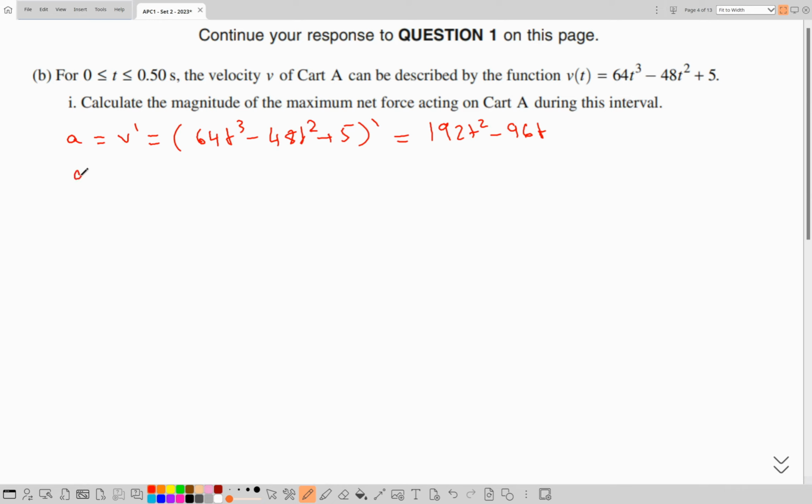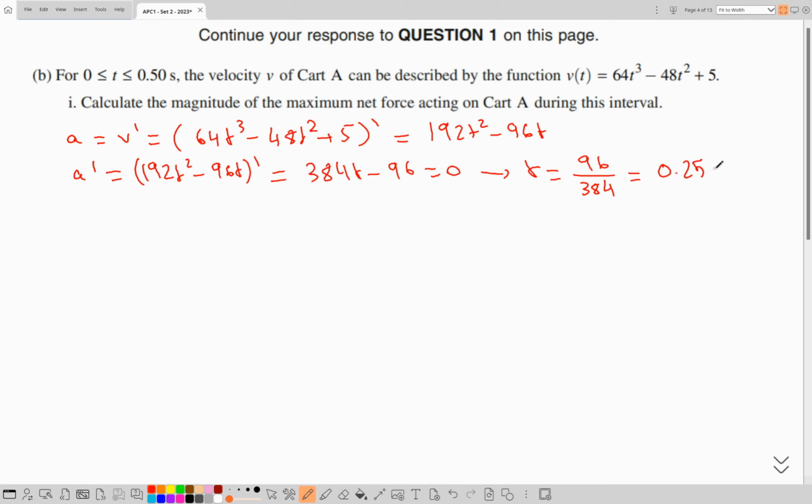So a prime in this case is given by the derivative of this, which is 384 t minus 96. Notice that this is a linear equation, so we only have one solution, t equals 96 divided by 384, which is equal to 0.25 seconds.